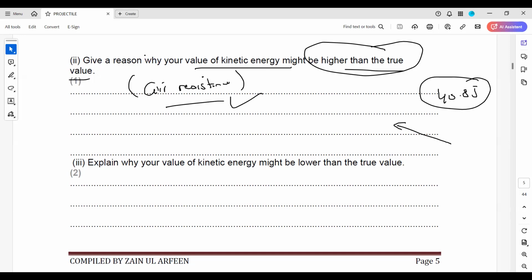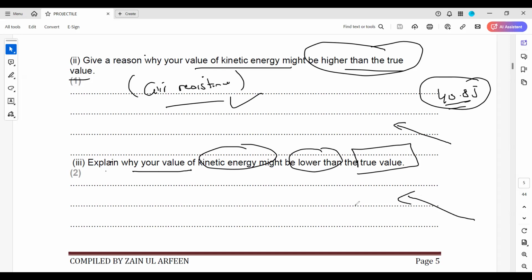The second is, give a reason why it might be lower than the true value. We calculated 40.8, but in practice it might be more. What might be the reason for that? Because the kinetic energy depends on the mass and speed, half mv square.